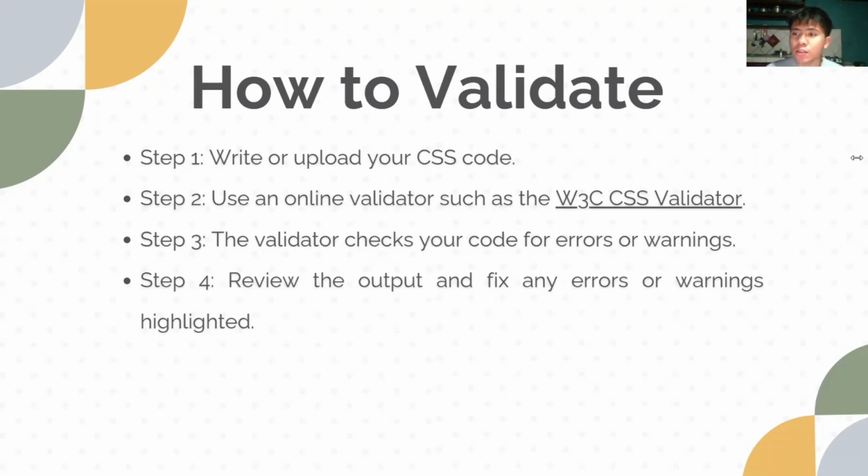Jigsaw is supported by the W3C standards and helps web developers identify the errors in their code by just uploading, and it suggests different improvements in your code. Then for the third step, the validator checks your code for errors or warnings, and the last part is to review the output and fix any errors or warnings highlighted.